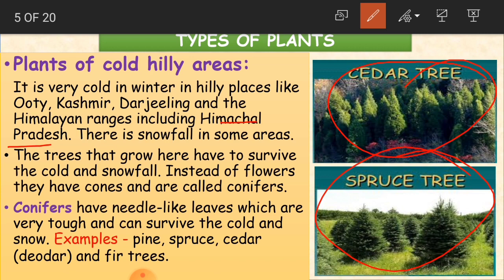The trees that grow here have to survive the cold and snowfall. Instead of flowers they have cones and are called conifers. We cannot see flowers on the trees here because of so much coolness and snow.